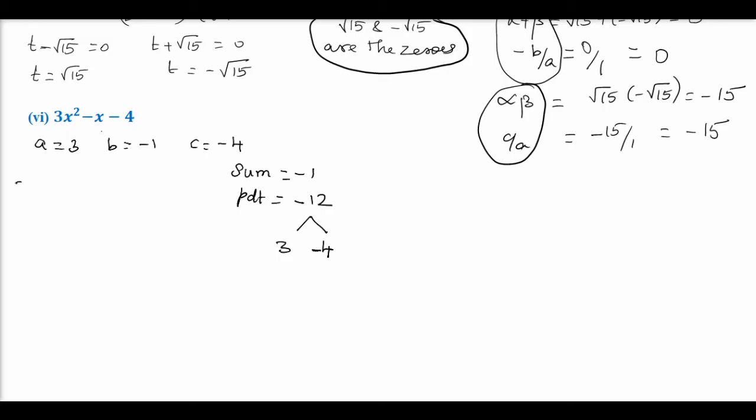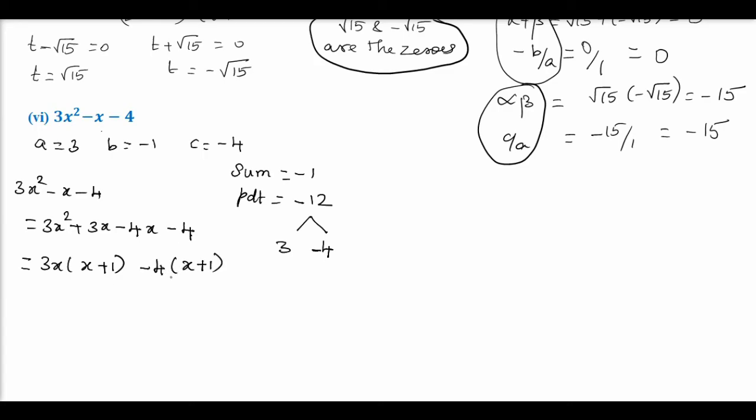So that I get 3x square minus x minus 4 to be 3x square plus 3x minus 4x. That is, I have split the middle term. Now let me group the first two terms by taking 3x common outside so that I get x plus 1 as the remaining factor. From the next two terms, let me take a minus 4 common outside so that I get x plus 1 again.